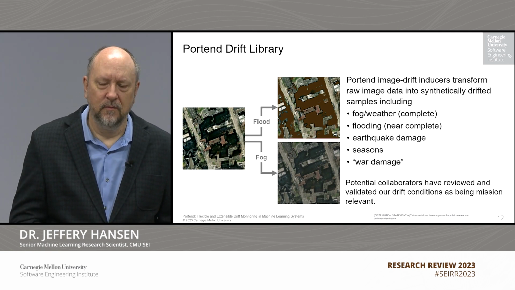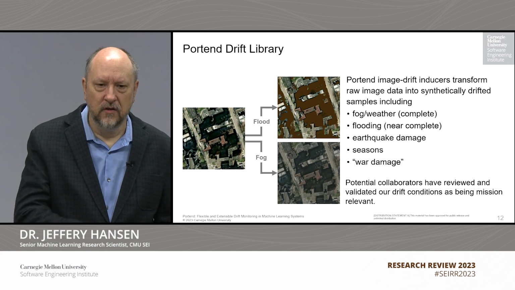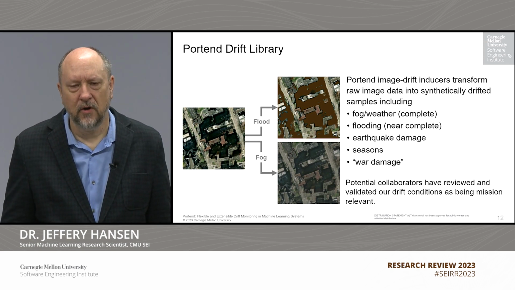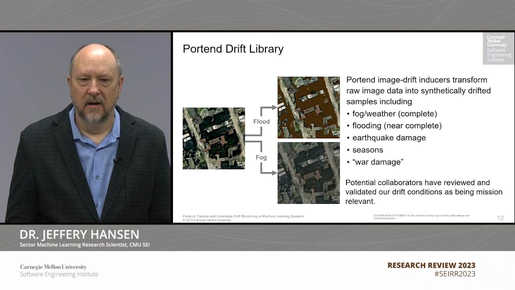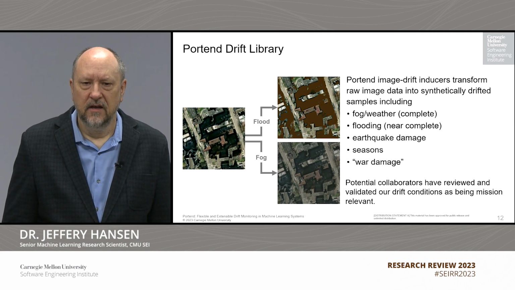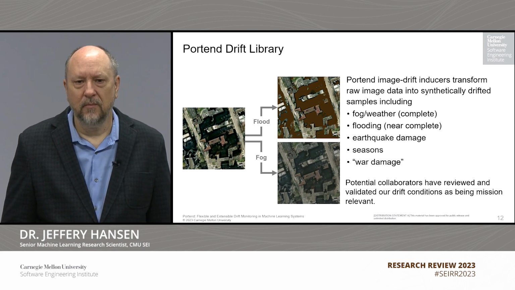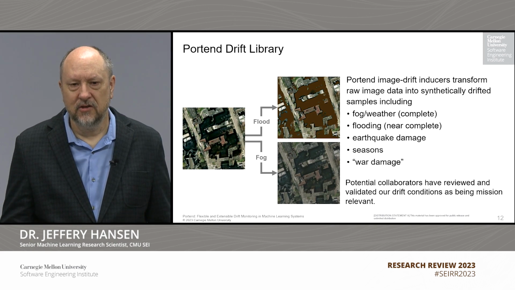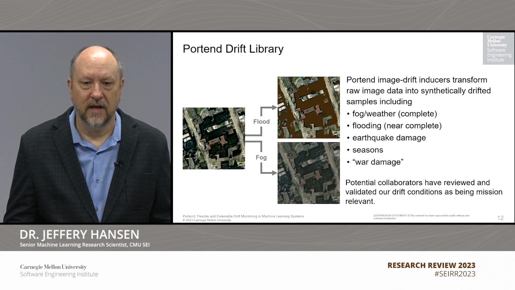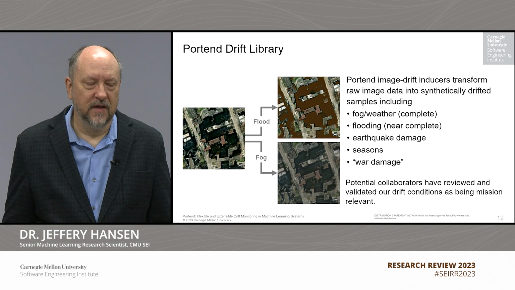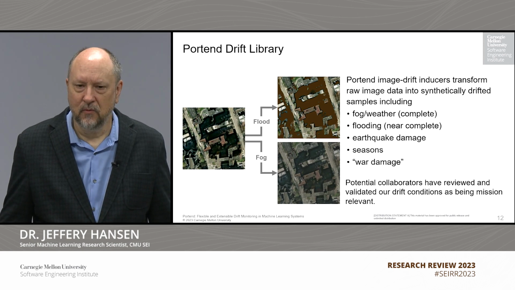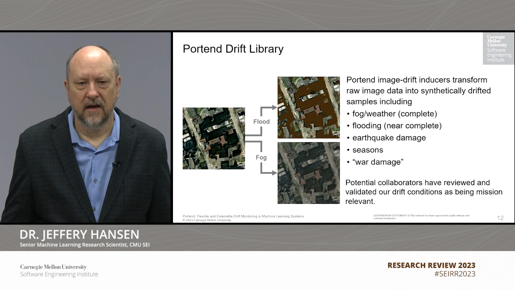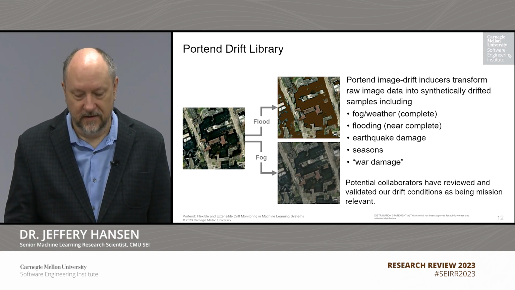If I employ the fog inducer, it will make it look as if we're in a foggy area. Other inducers that we are working on or plan include earthquake damage, season changes, and war damage. A set of our collaborators have reviewed our drift conditions and have stated that they're mission relevant to them.